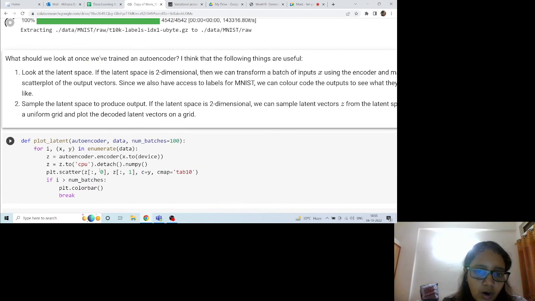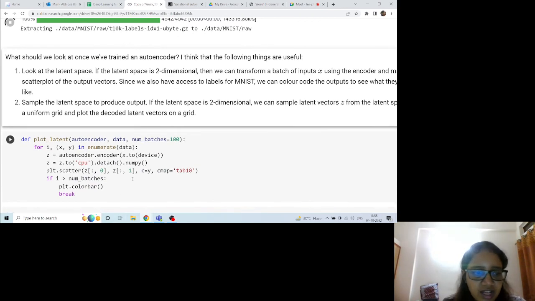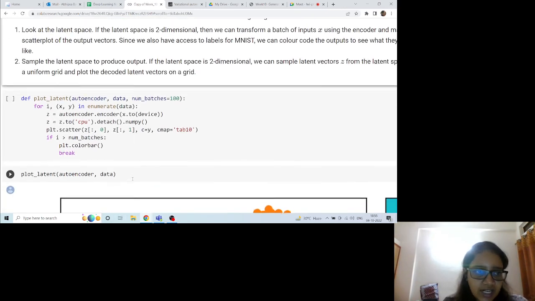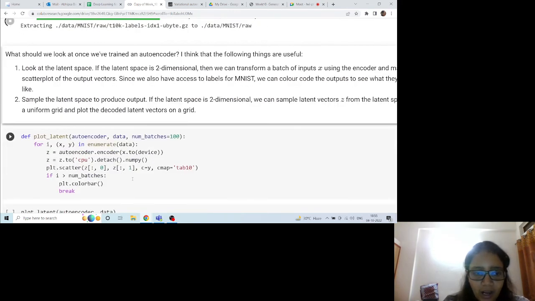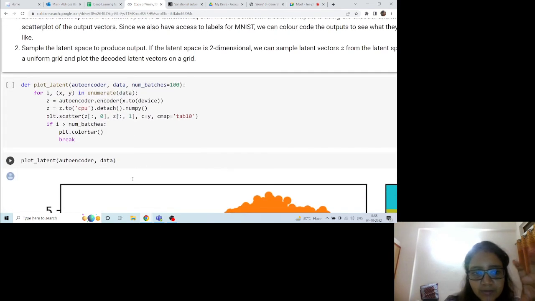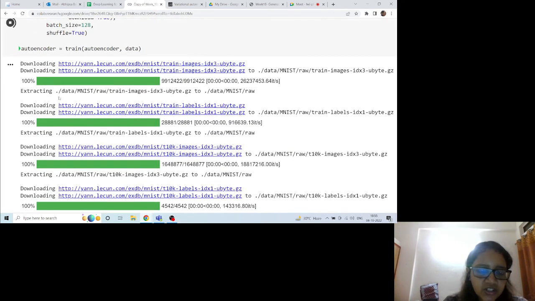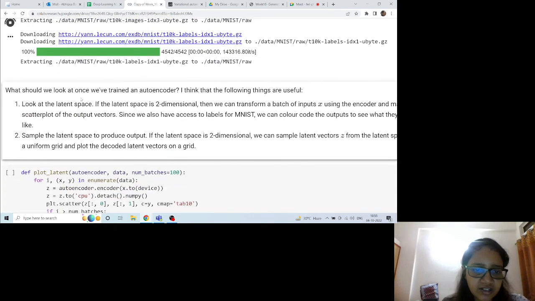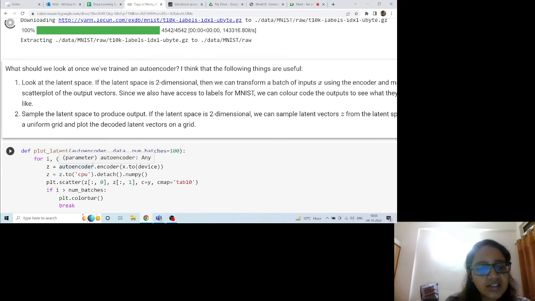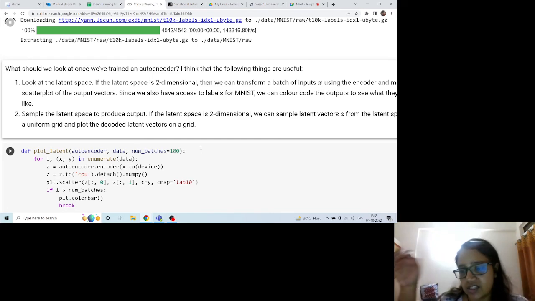But the interesting thing that we want to observe is that now you have learnt your Z. So you want to see, in the Z space, what the different images look like. MNIST is nothing but handwritten digits, so the input data start from 0 to 9.